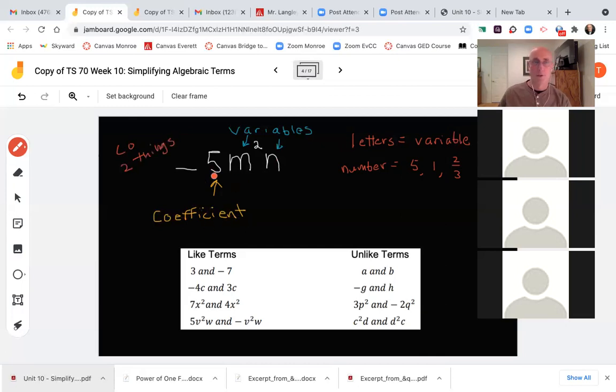It is joined with the other things, the variables. So the coefficient, if you run into that in your homework, is the number. I'm going to draw an arrow that it's the number, it's the coefficient.